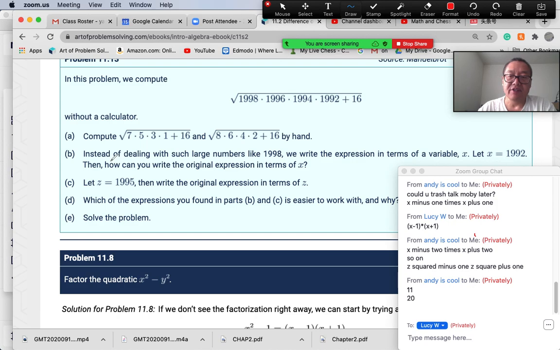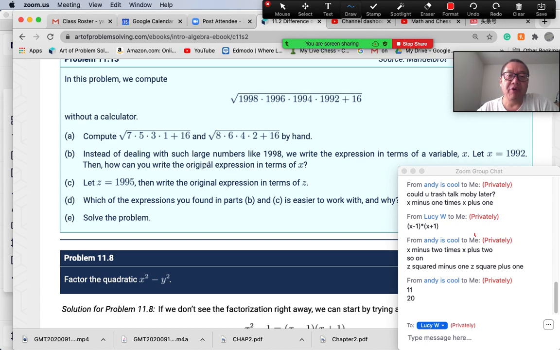Now let's go to B. Instead of dealing with large numbers like 1998, we write the expression in terms of a variable x, like x equals 1992.